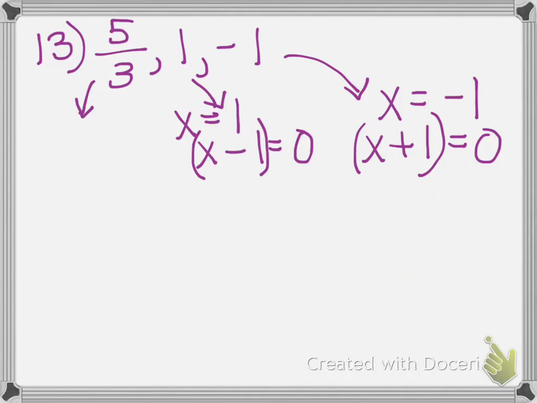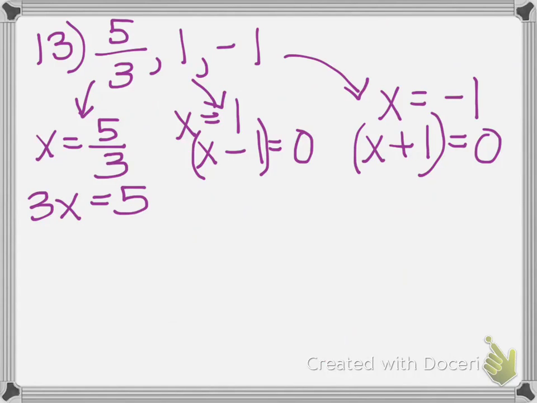Now for the 5/3. This one's a little bit weirder. So if I'm going to set x equal to 5/3, and I want to clear out that right side, I have to multiply both sides by 3, and then subtract 5 from both sides. And that's where I get my third factor, 3x minus 5 equals 0.